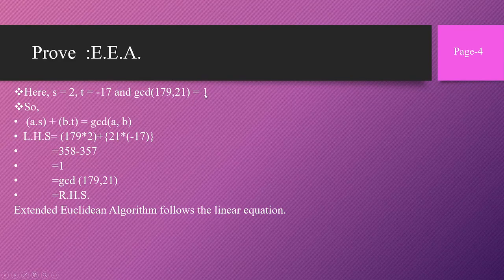The value of 1 is equal to GCD of 179 and 21, which proves that left hand side is equal to right hand side. So from this we know that the extended Euclidean algorithm follows the linear equation.